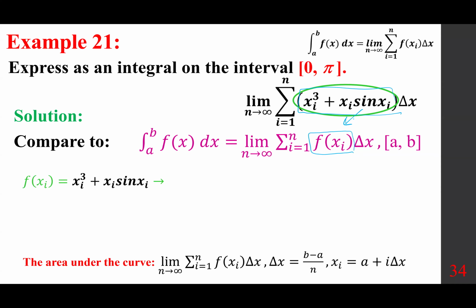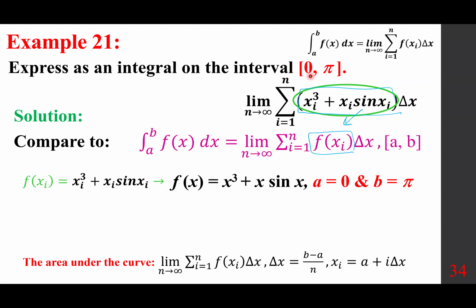So simply put, it means then f of x must be x cubed plus x sine x, and the integral of a to b, they said from 0 to pi. So a is 0, b is pi. This part is given, a and b.